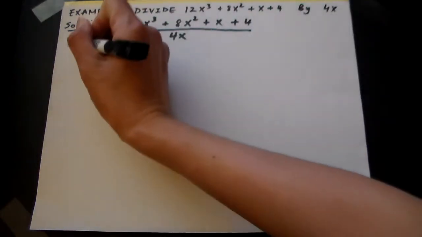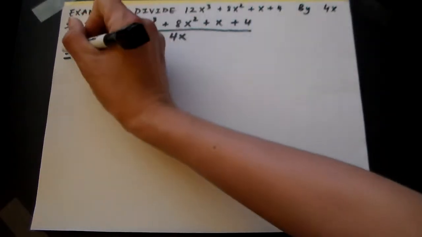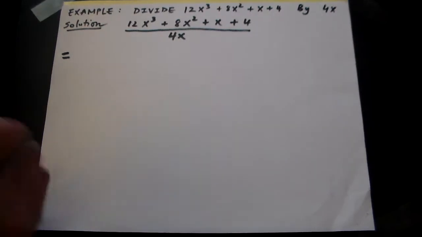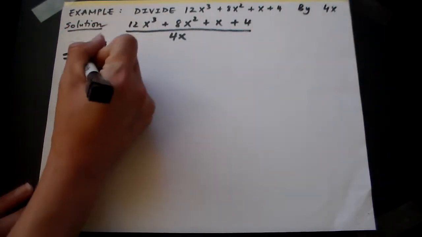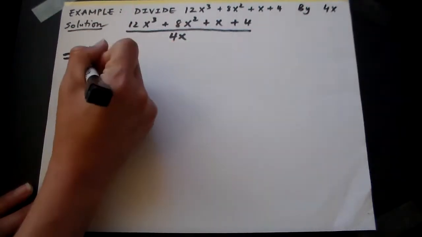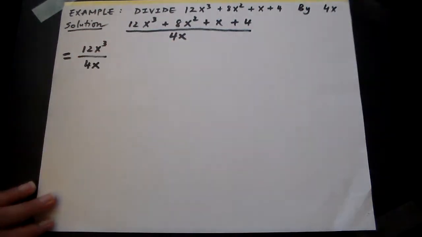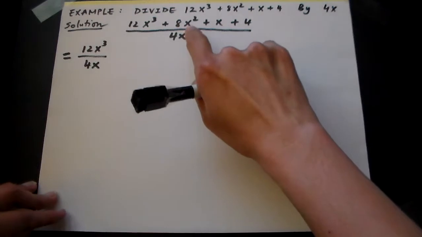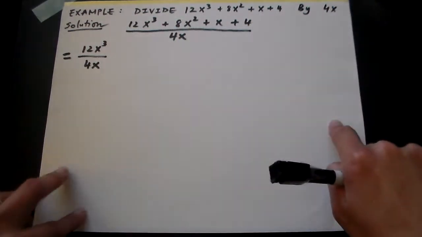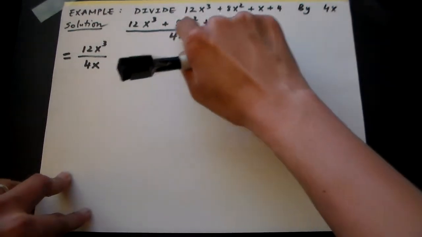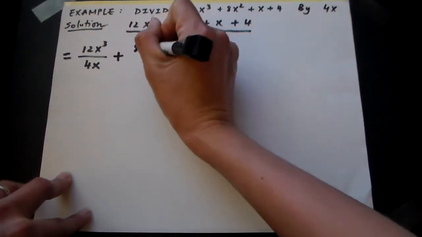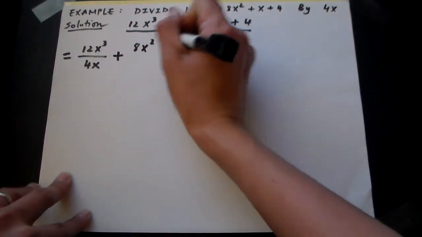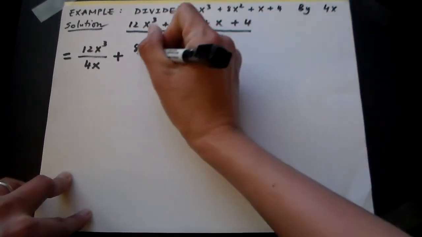So here's the step. I will take 12x to the third power, divide by the denominator 4x. Next, I will take the next term in the numerator, in this case positive ax squared. So the sign is the same, ax squared, divided by the denominator 4x.